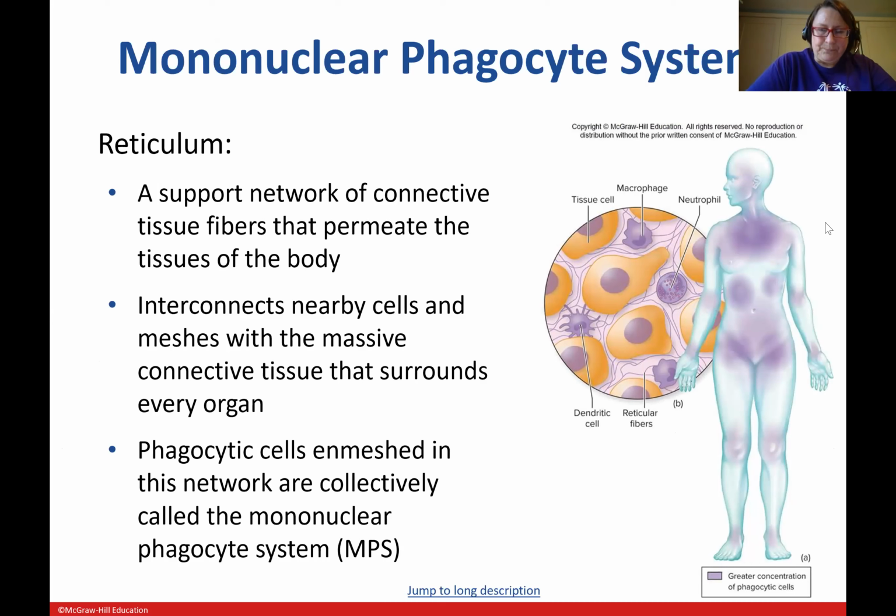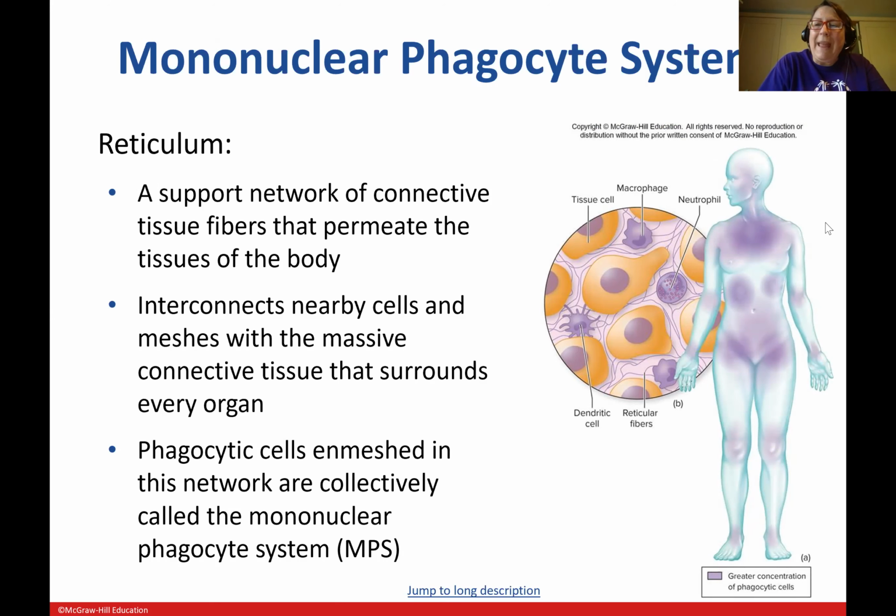So we also have another part of the tissue called the reticulum, and it is a supportive network of connective tissue that permeates all of the tissues in our body, and it interconnects nearby cells and basically forms a network of connected tissue that surrounds all of our different organs.